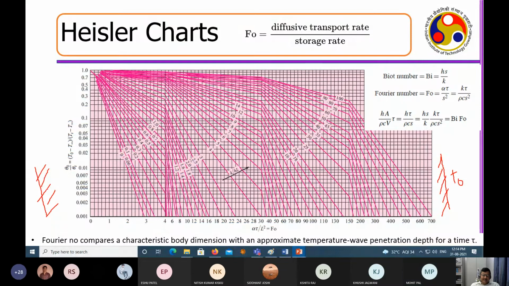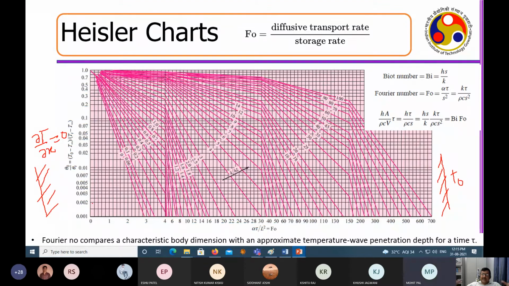Can I put a temperature boundary condition here? Most probably no. What I can put here is dT/dx equal to 0. I can say that the temperature gradient is 0.